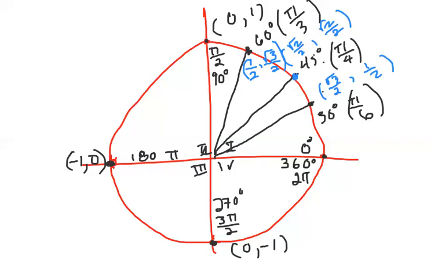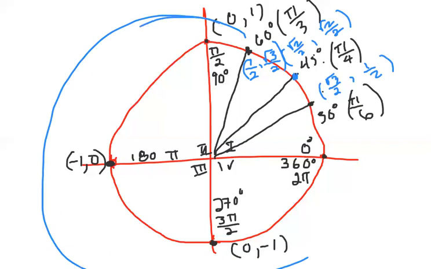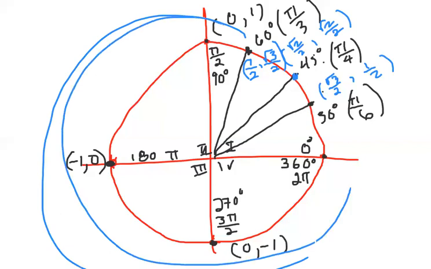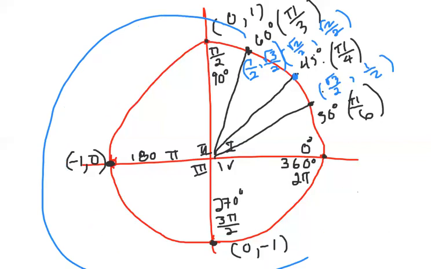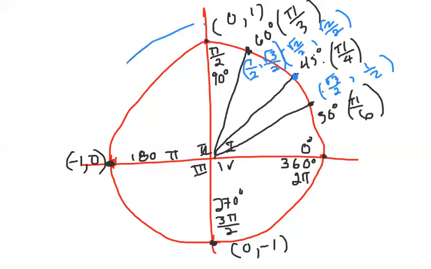What happens is that these same degree measures repeat all around the entire circle. Once you know these basic angles, the 30 degrees, the 45 degrees, the 60 degrees, you just keep using those same angles over and over again.